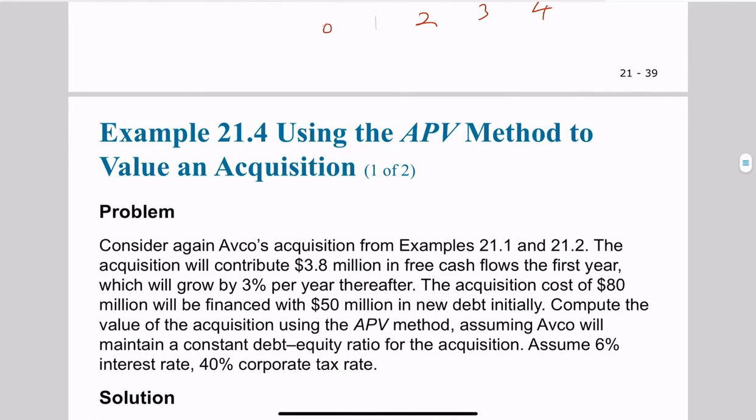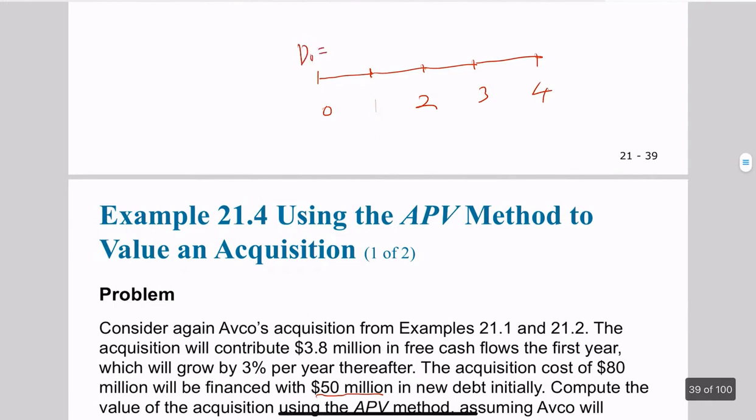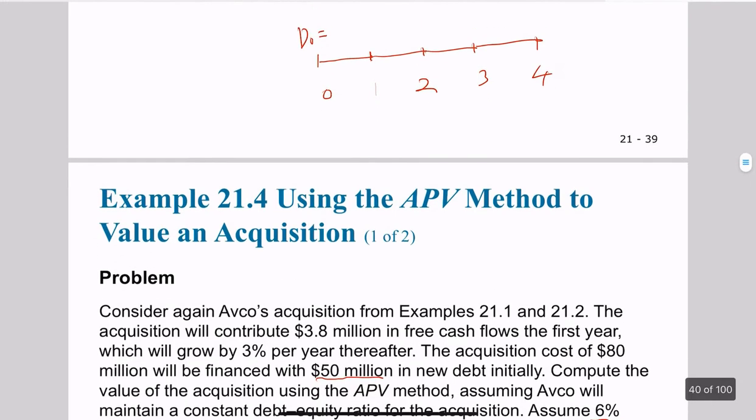Okay, from the problem, you can see that initially, the firm would take $50 million of debt, and the interest rate is 6%, and the corporate tax rate is 40%. So this basically means that here we have a debt level of $50 million. And then remember that we assumed the interest payment will come at the end of the year, right? So basically it means the interest expense here would be 50 times 6%.